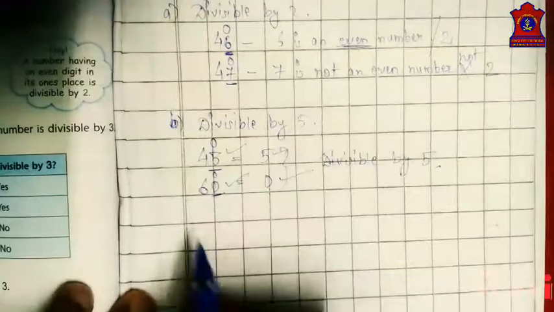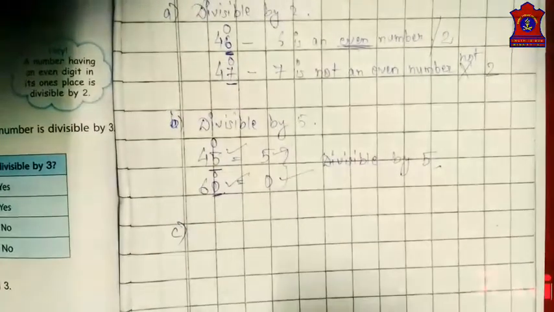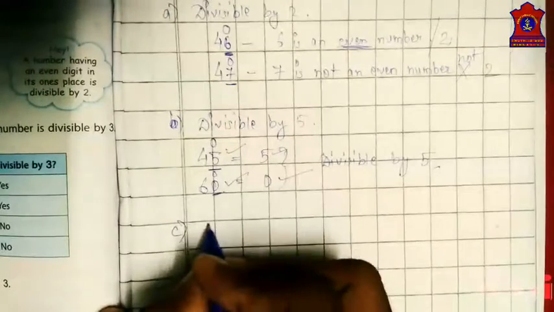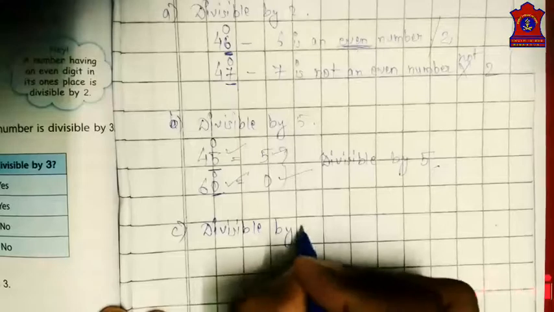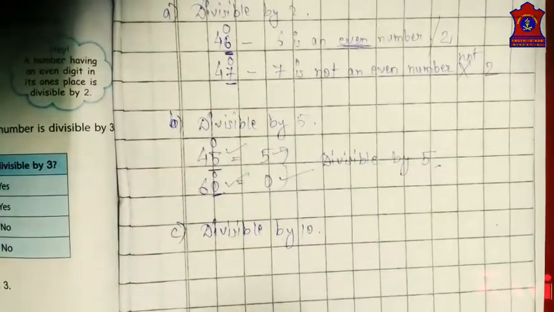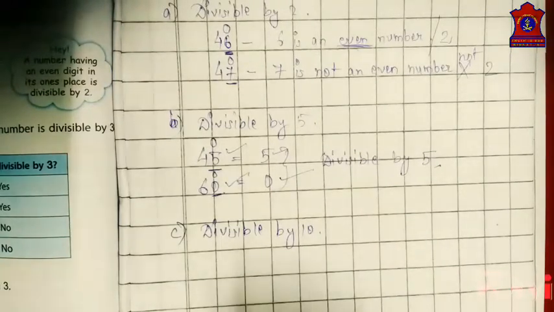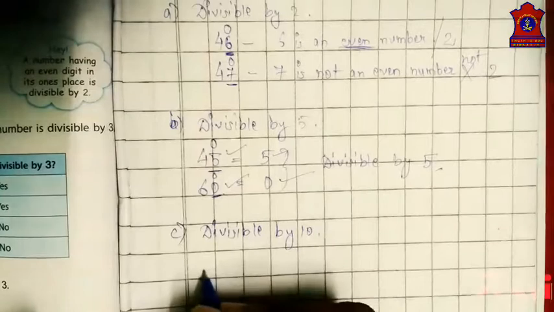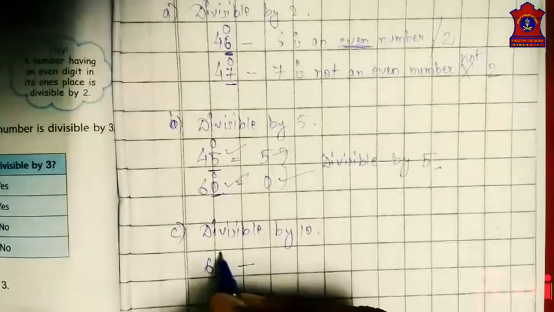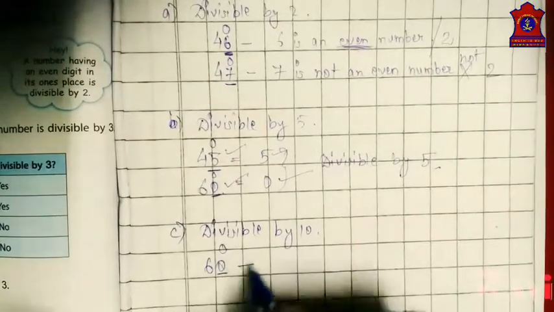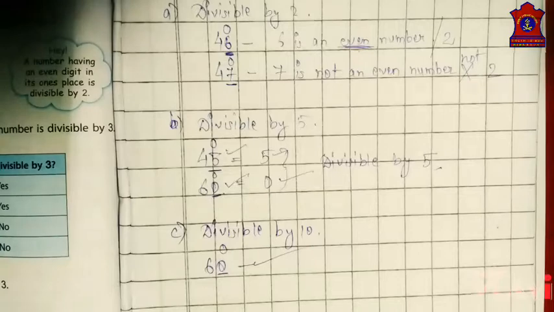Clear? Now, next rule of divisibility. Divisible by 10. When can you say that a number is divisible by 10? If you find 0 at its ones place. Like for example 60. 60 is a number and look at what is there at ones place. 0. So it is divisible by 10. Clear?